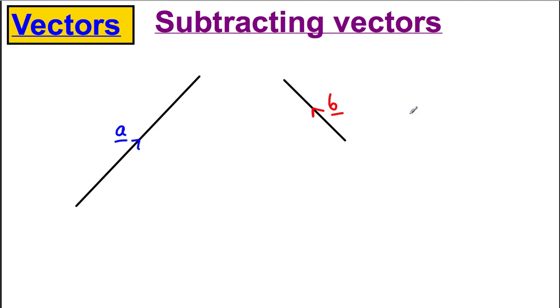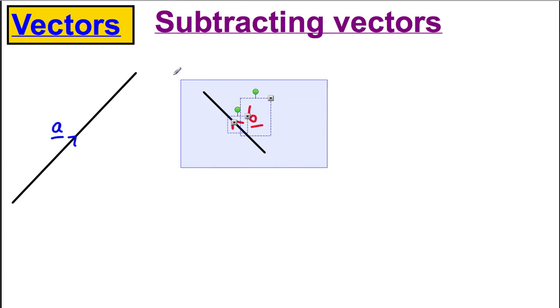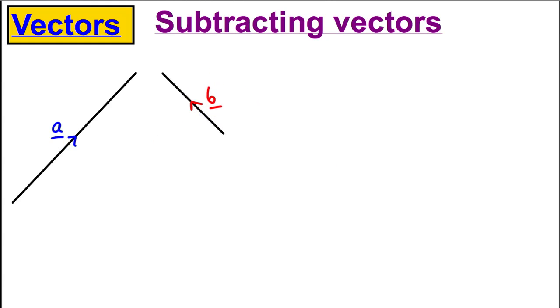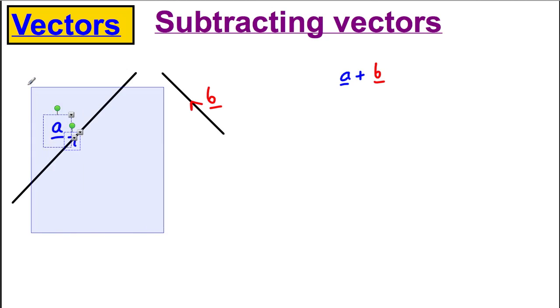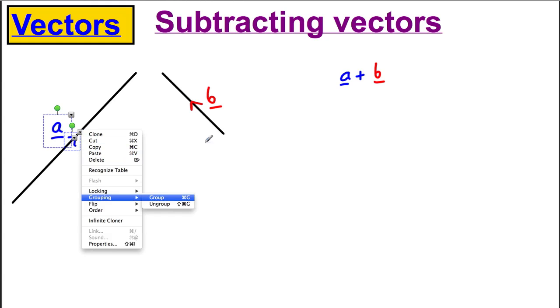Now clearly, let's just think about this here. Let's keep these vectors over to this side here. What do we think A plus B means? Well, that's quite easy. Actually, let's just group these together.